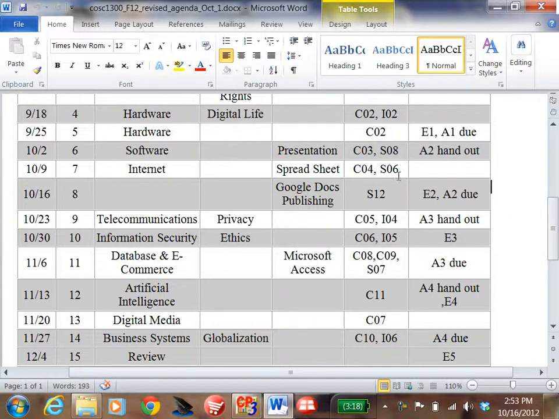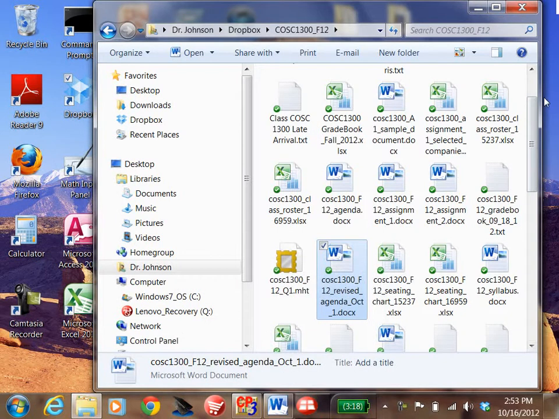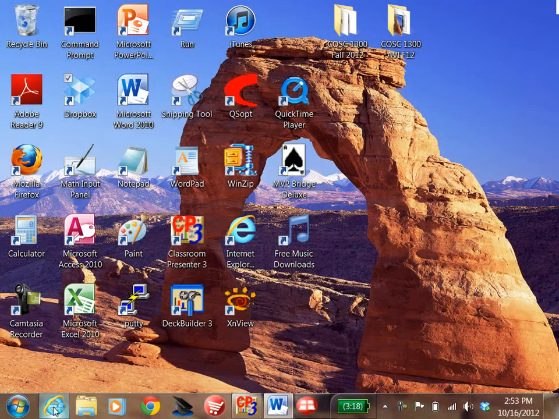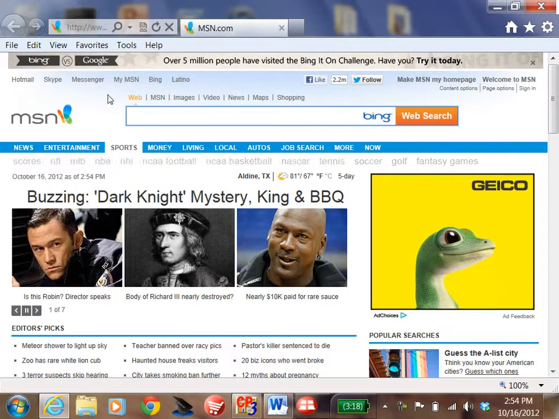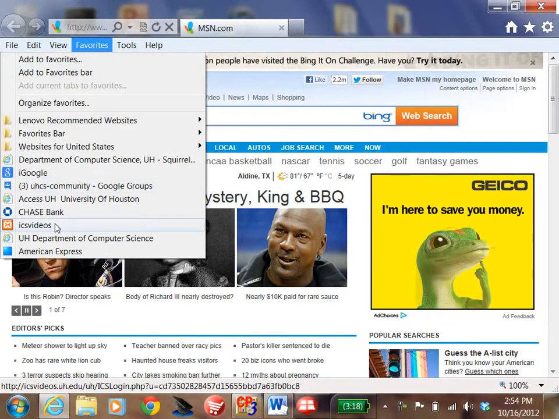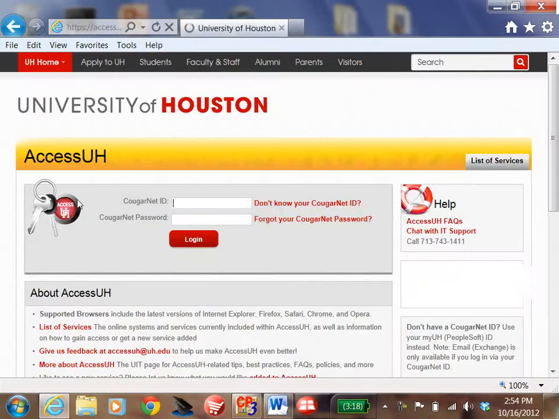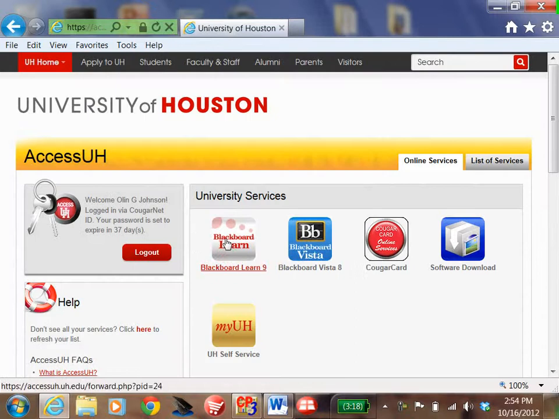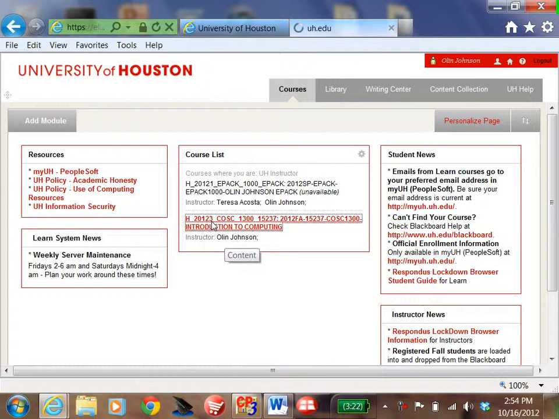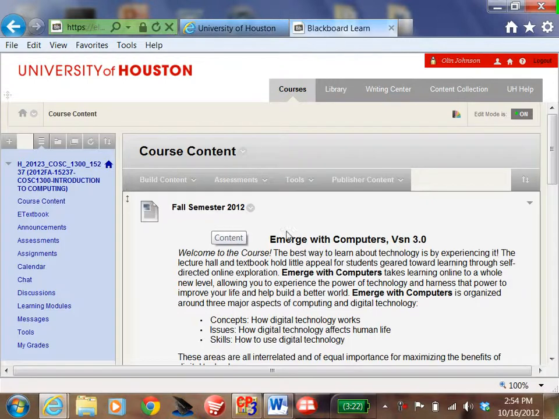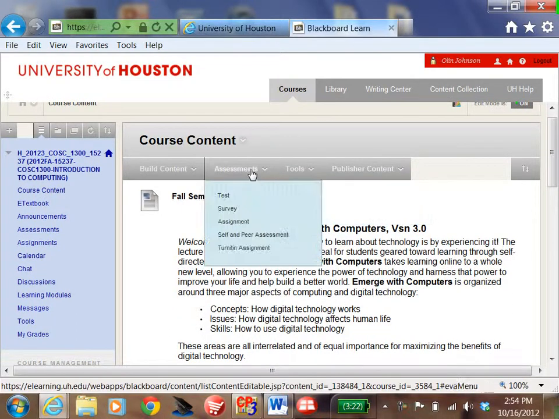Now in the textbook, remember how to get to the textbook: you go to E textbook here.